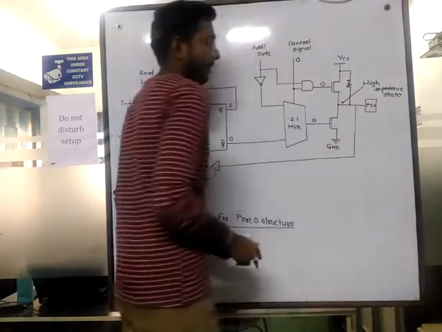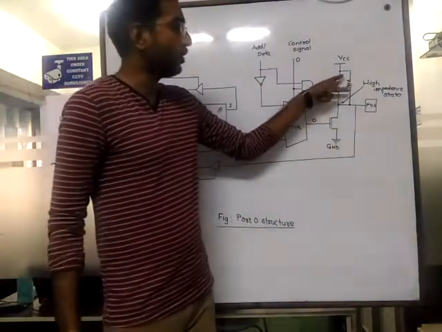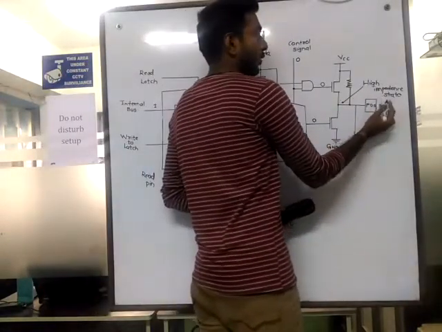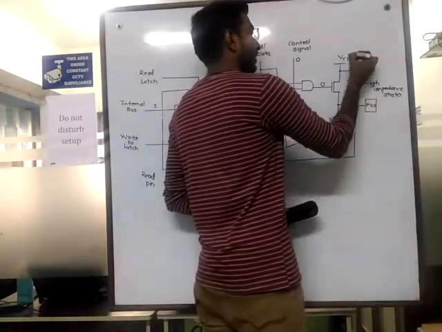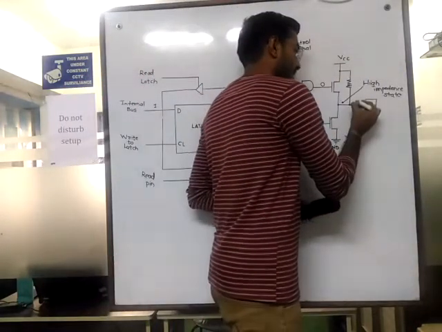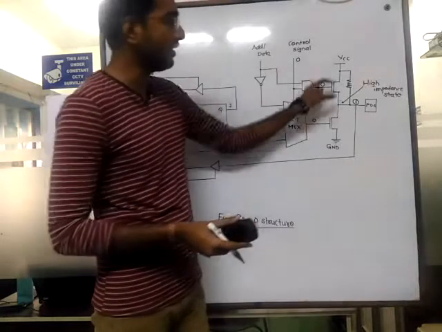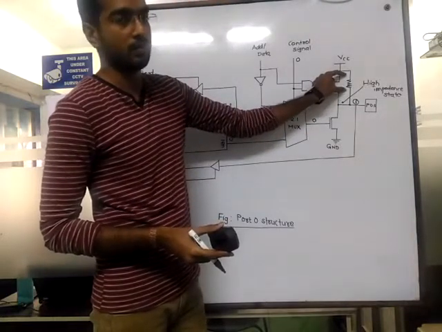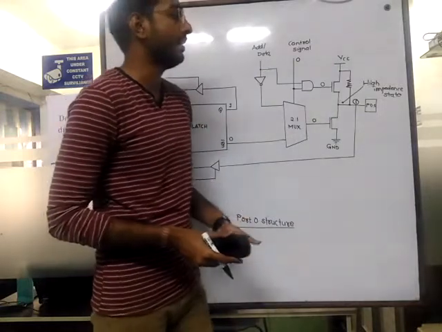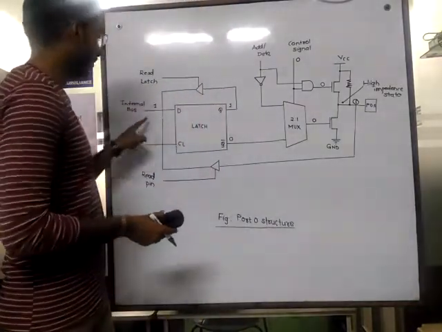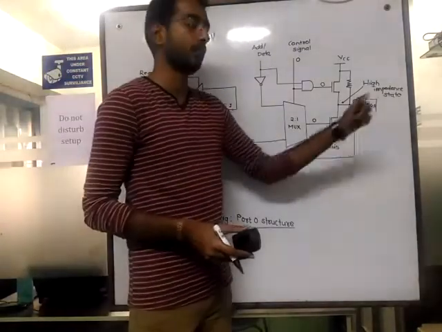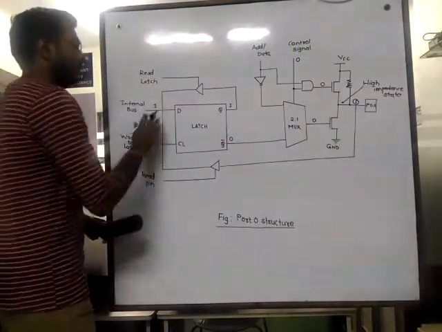What happens, because of this external pull-up resistor, the high impedance state will be pulled up to VCC, means we will get 1 here. Why? Because of this pull-up resistor. So port 0 needs a pull-up resistor to act as an output, specifically whenever we are providing 1 at the output side.